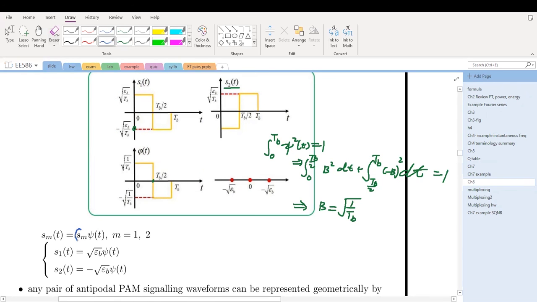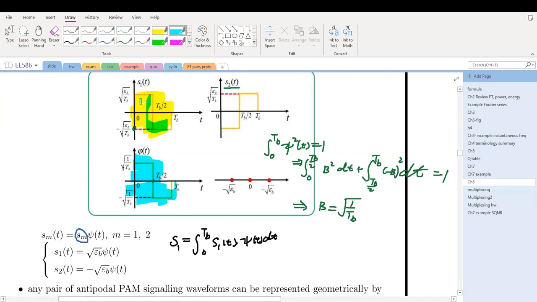Now, what's the coefficient here? We do the same thing. We do the same integral. S1 equals the integral over TB of S1(t) multiplied by psi(t) dt. This waveform multiplied by this one together, this is rectangular, and this is another rectangular.